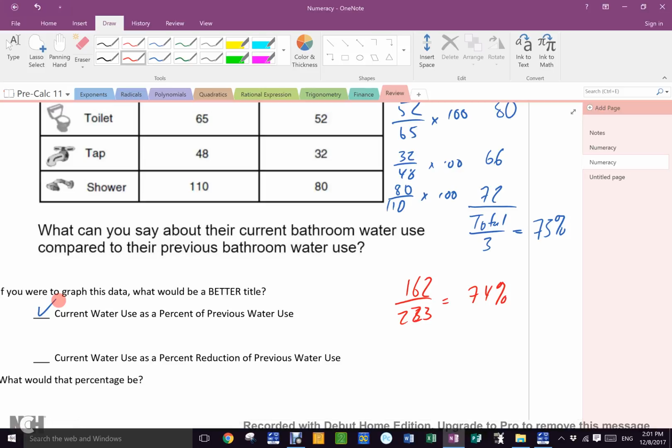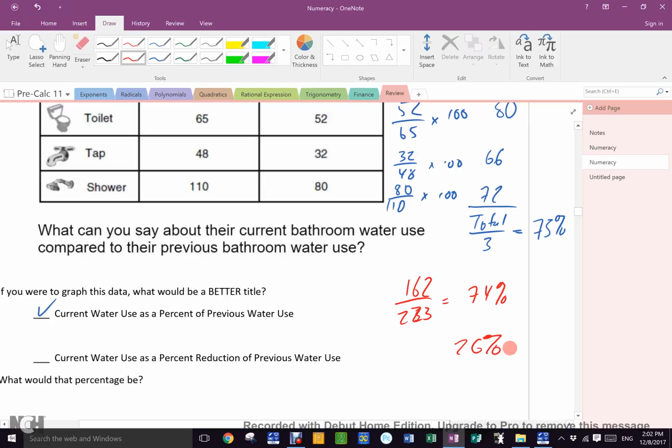Before I did the math, I was like, I don't know what you want me to do, because they asked you to do the percentage afterwards, and then I just found the percent reduction. So what this question is saying, if you did what Byron and Lauren did, you're finding the current water use as a percentage of your previous water use. Now, if you're using 74% of what you used to use, then what was your reduction?